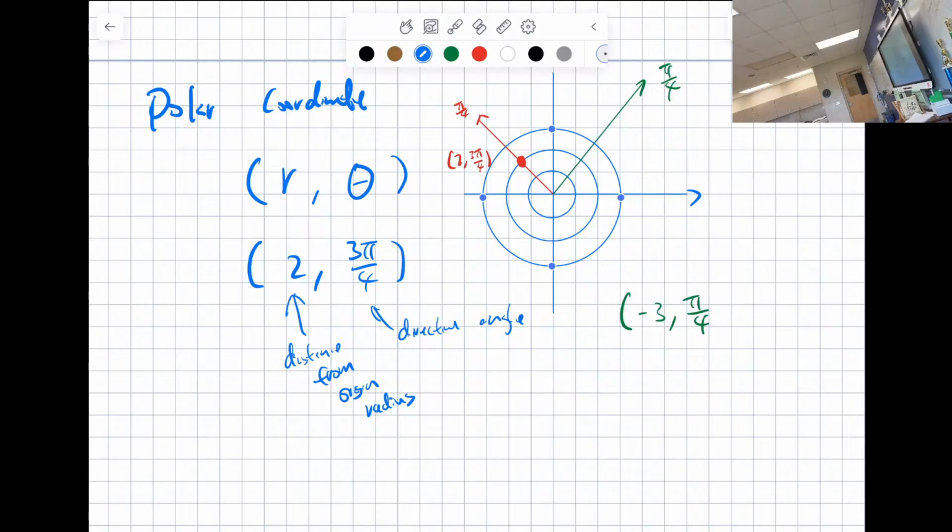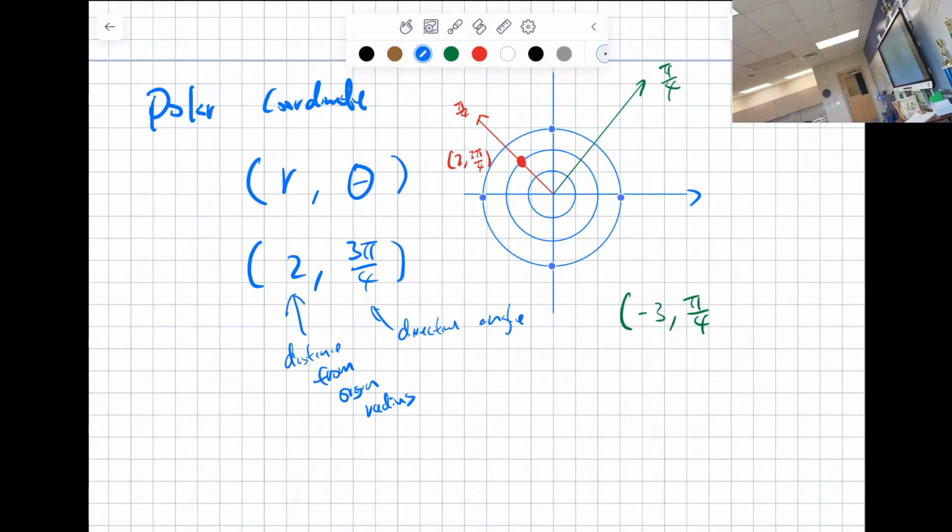So it actually gives you the fourth quadrant. It's actually this point right here, (-3, π/4). You go to π/4 and then look the opposite way because it's negative. It goes opposite of that direction angle if it's negative. Does that make sense?